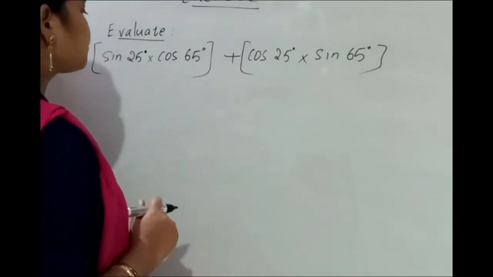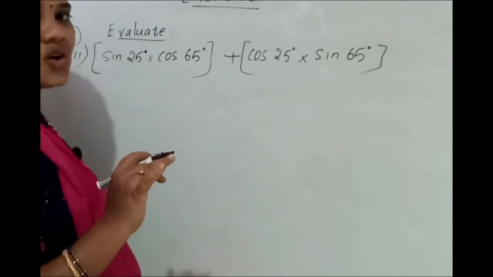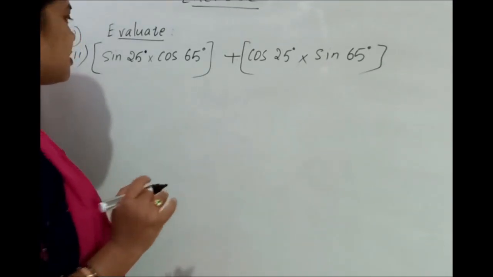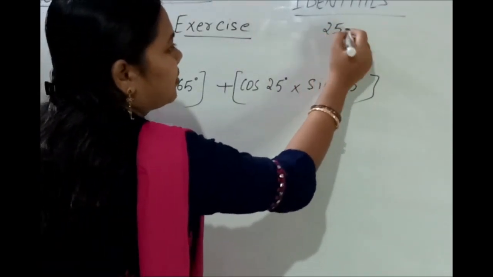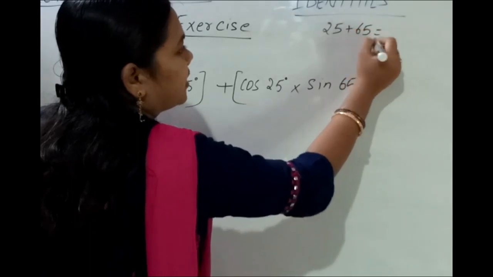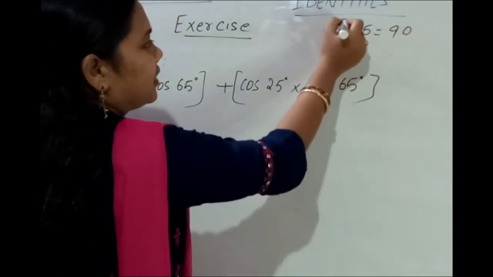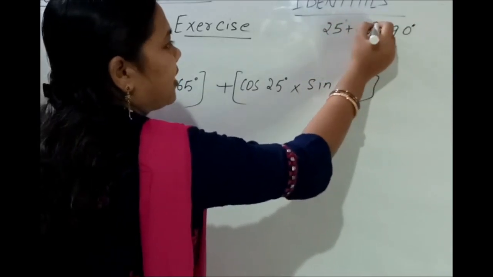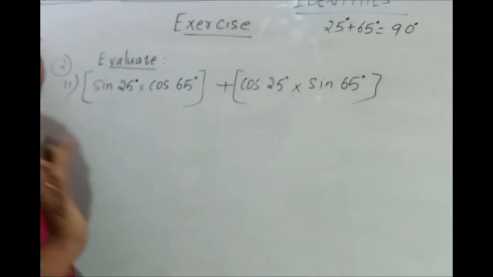So here, once again, these questions are complementary angle based questions. 25 and 65, you see, add 25 plus 65. How much? 90. It means 25 and 65 are complementary angles.